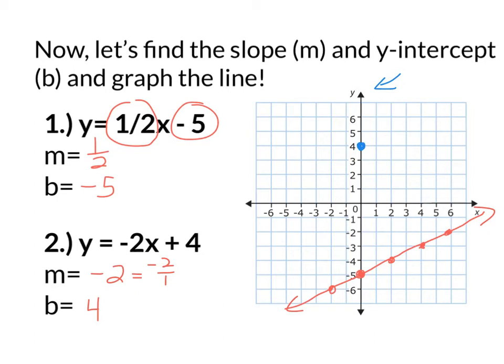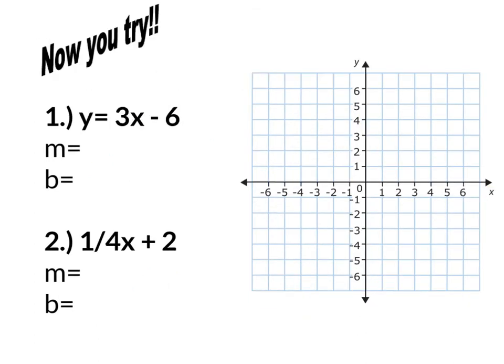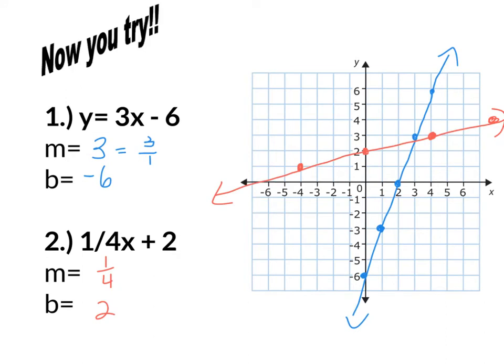Now to find my other points, I go down 2 over 1, down 2 over 1, down 2 over 1, and there's the line that represents it. Now you give it a try. Pause the video and try these two on your own. Okay, check it out. See how you did. Your line should look like these.